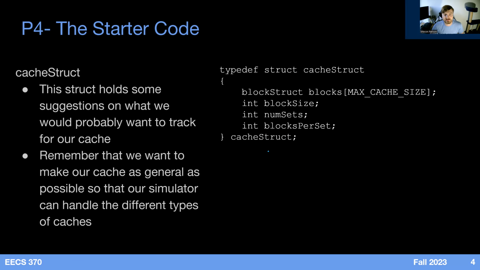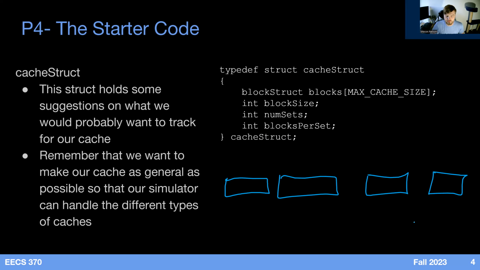And then the cache struct itself is made up of a whole bunch of those blocks. And so if you partition out your blocks, you can come up with any sort of cache configuration. So for example, if I have an array of just 4 blocks in a fully associative cache, I could use all of them to belong to the same set.